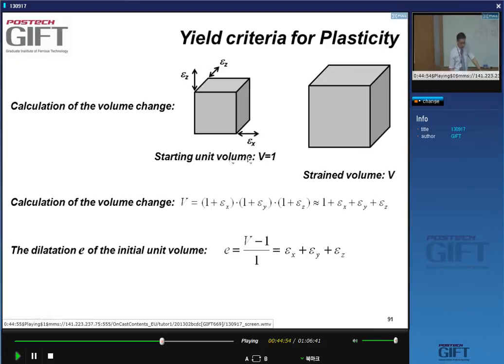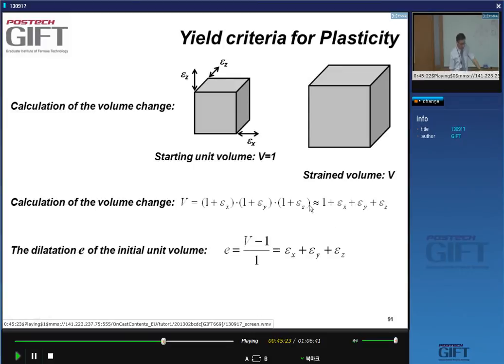Well, not the volume change, but the new volume is 1 plus the strain in this direction, 1 plus the strain in this direction, 1 plus the strain in this direction.